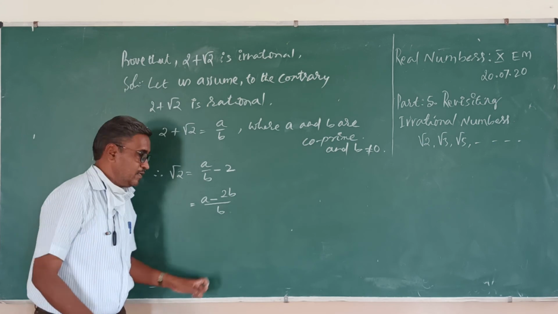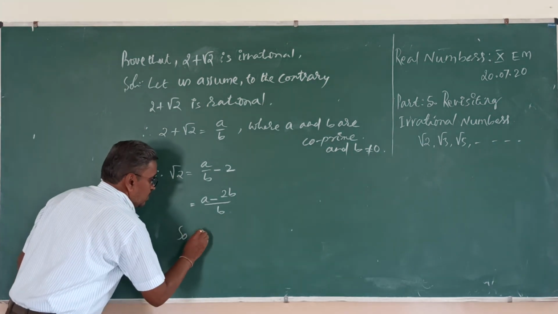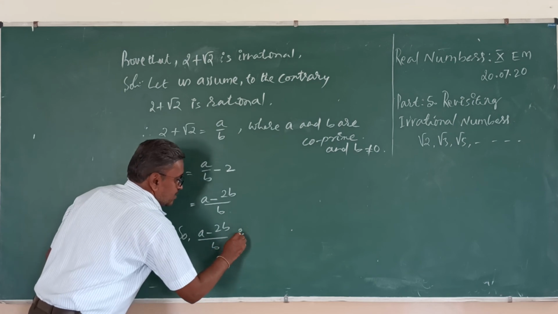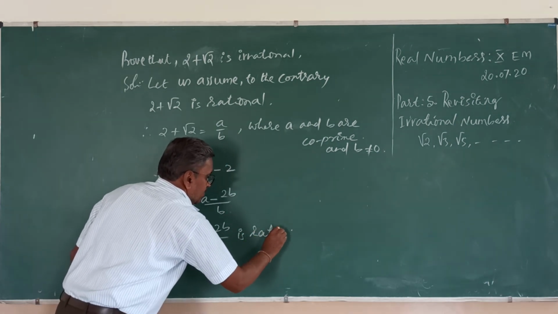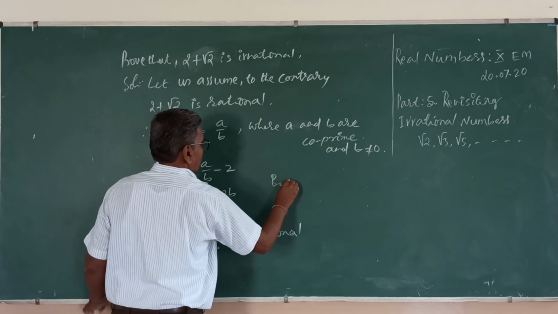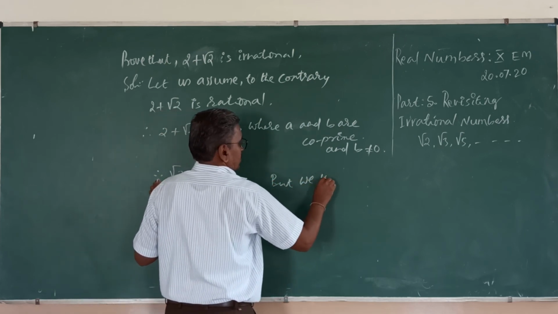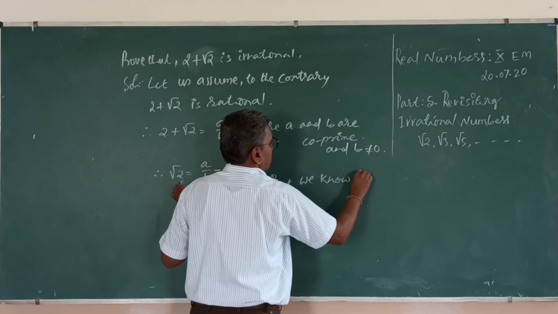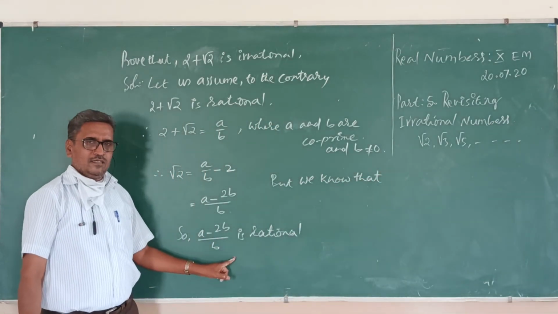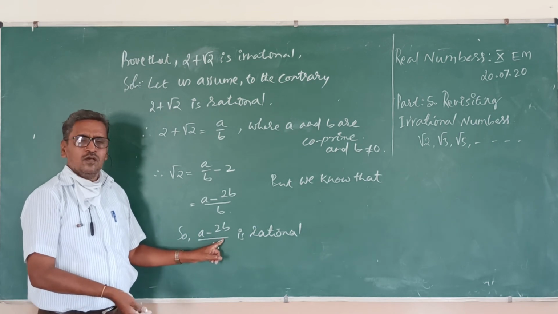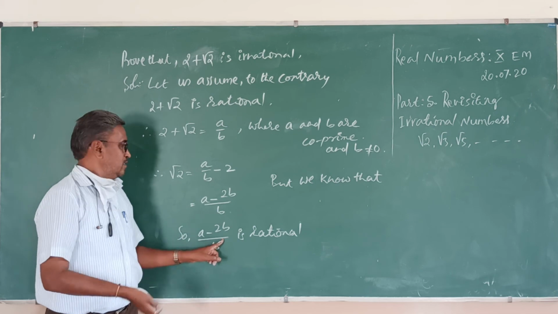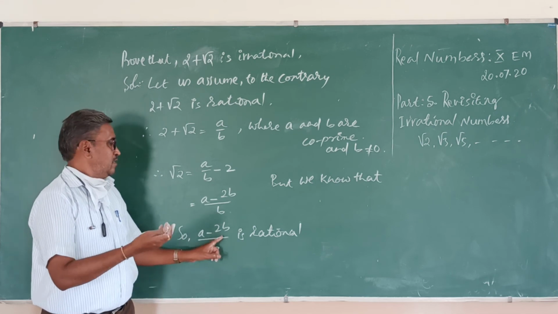By this you can understand that a minus 2b by b is rational. The RHS is rational because a and b are integers; whatever value we substitute, it comes in the form of a rational.